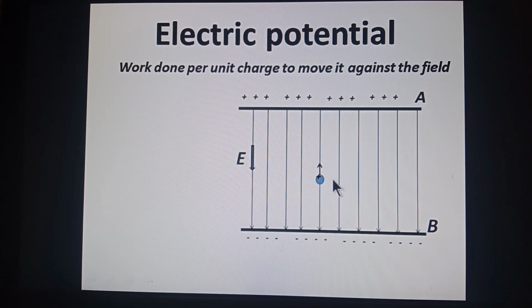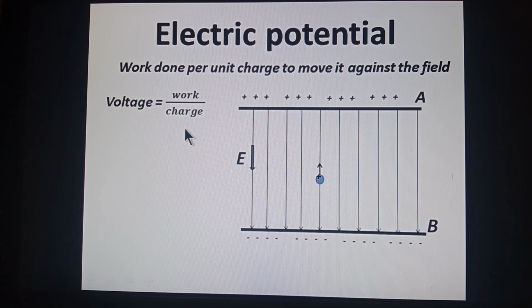This work is stored in the charge as its electric potential energy. So electric potential is defined as the work done per unit charge to move it against the field. So voltage or electric potential is defined as work done per unit charge.